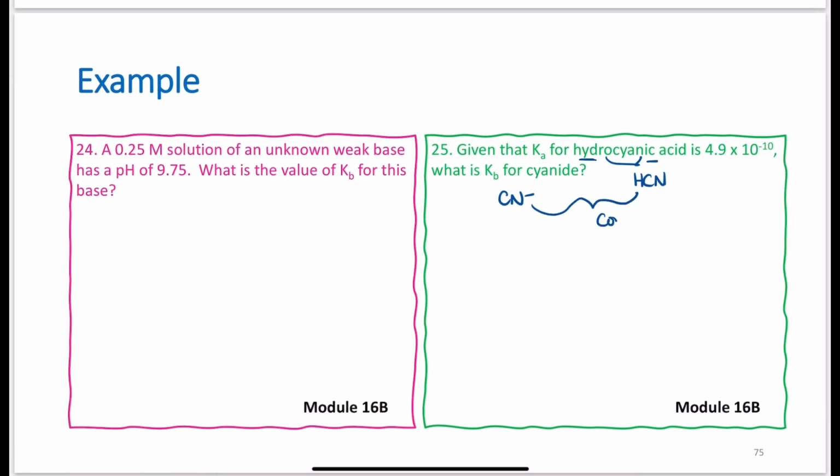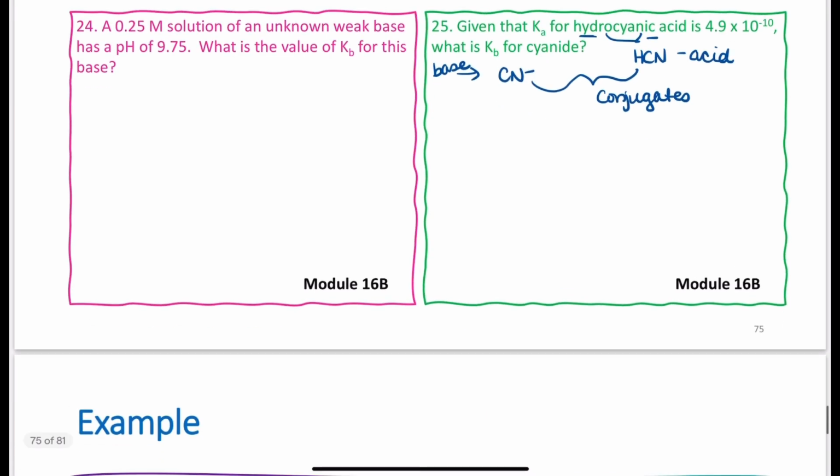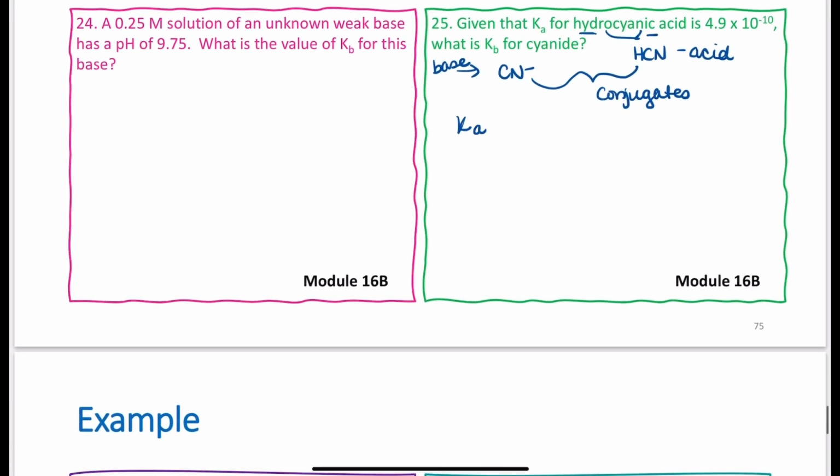These are conjugates. This is the acid form. This is the base. I know that Ka times Kb equals Kw for conjugates. I know that Kw is equal to 1.00 times 10 to the negative 14.